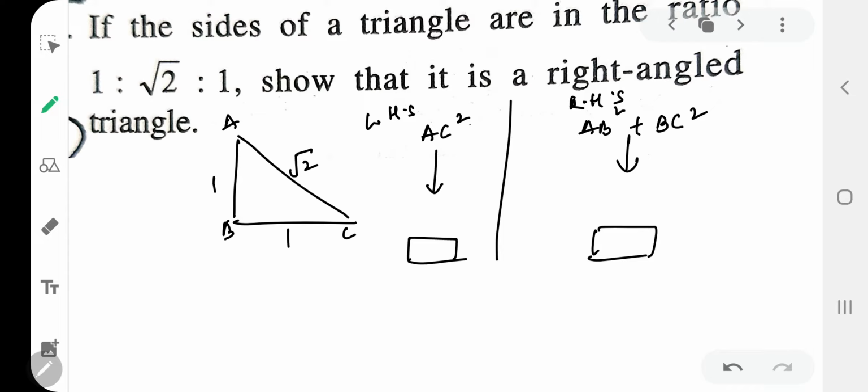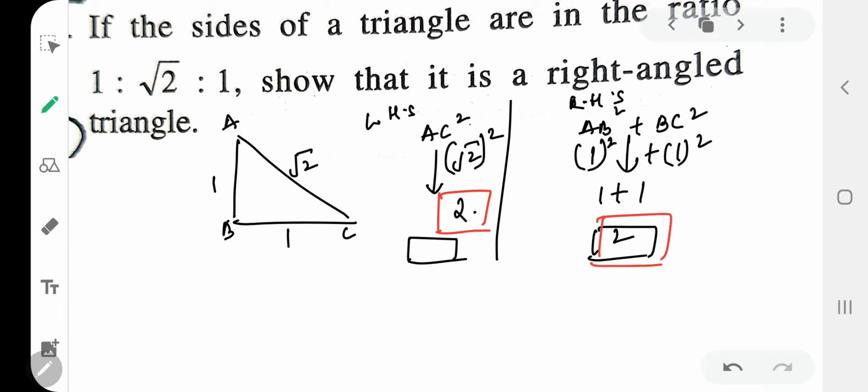So hence proved we can write. How will we get left hand side equal to right hand side? We will put the value of AC, and I got it as 2. And here also if you notice, 1 square and 1 square will be 1 plus 1, 2. So on both sides I got the answer as 2. So I can say hence AC square is equal to AB square plus BC square.